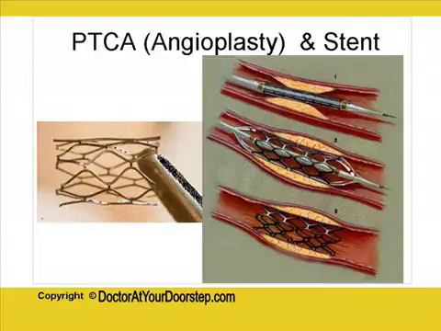The mesh is made to open up, and it then keeps the lumen patent. It keeps the blocked part of the artery open for a longer period, which otherwise would have had a tendency to get re-stenosed. So a stent, or even a medicated stent which releases certain medicines, remains there and prolongs the life of the angioplasty.